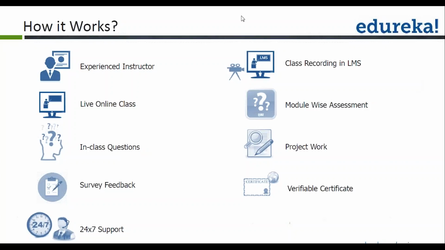And as I said, questions are always welcome, and this provides you an opportunity to ask questions during the class. At the end of each class, there would be a survey and we expect feedback about the class. Now, the importance of this is that it helps us improve our delivery and serve you in a better way.